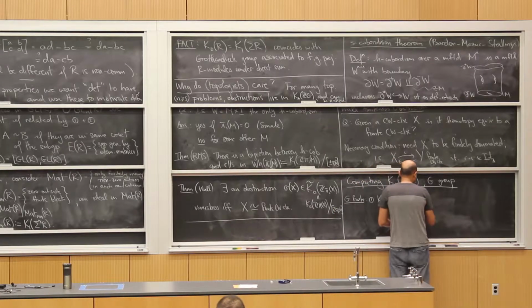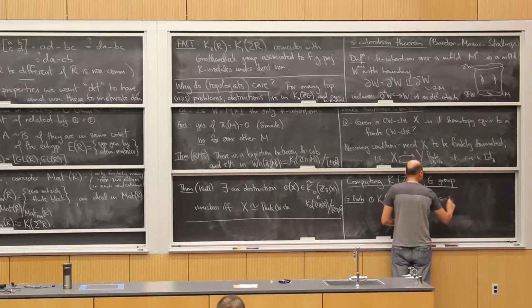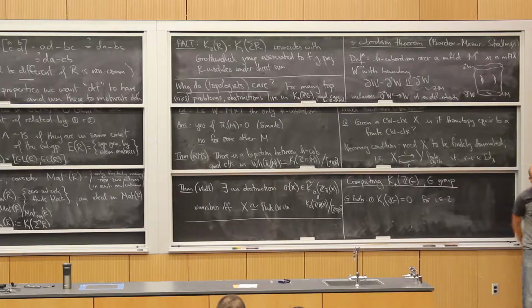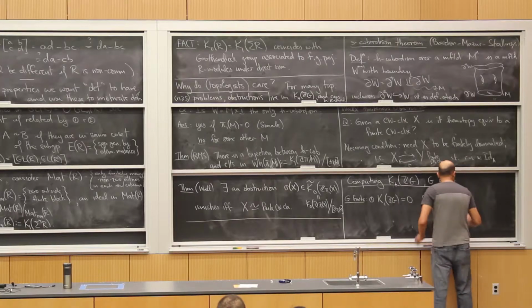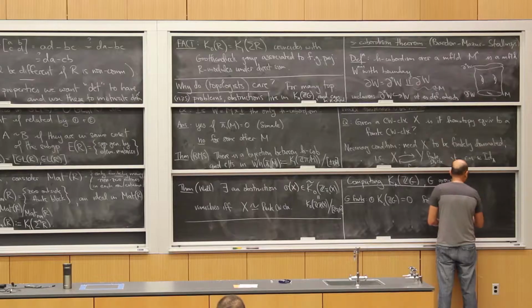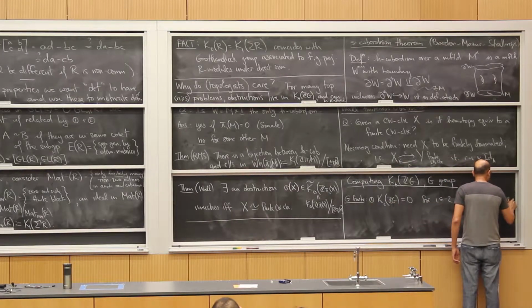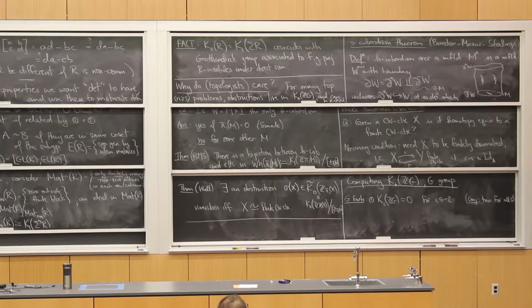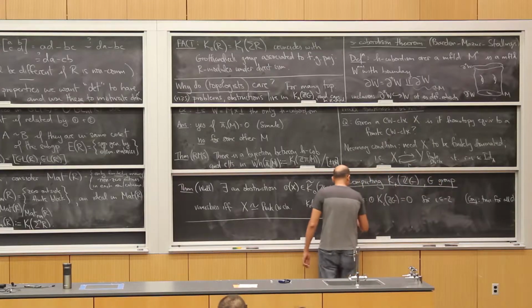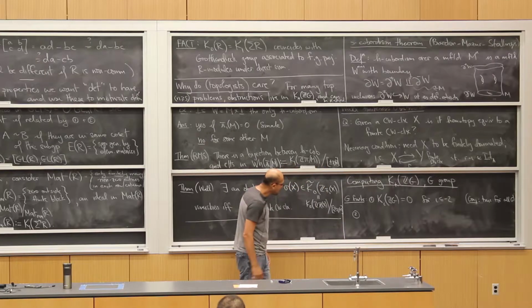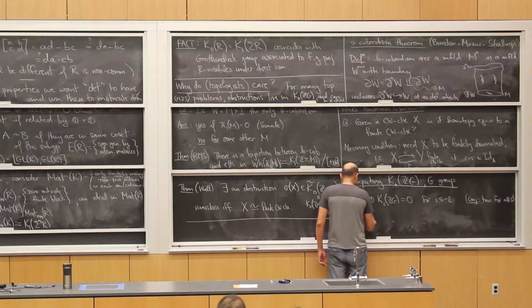K_i of ZG vanishes for i less than or equal to -2. It's an open problem whether this is true for every group. So, conjecture: it's true for finite groups, and conjecturally true for all G. The vanishing of K_{-2} and lower is unknown in general, but it certainly is true for finite groups. For K_{-1}, there's a complete answer.